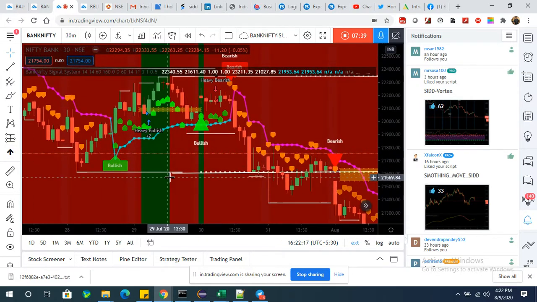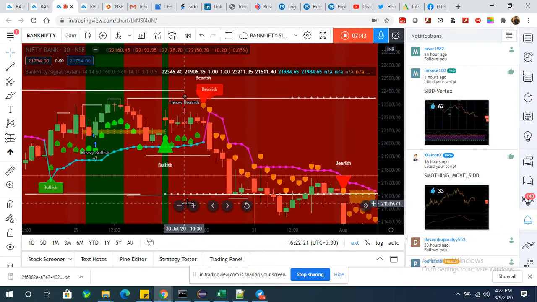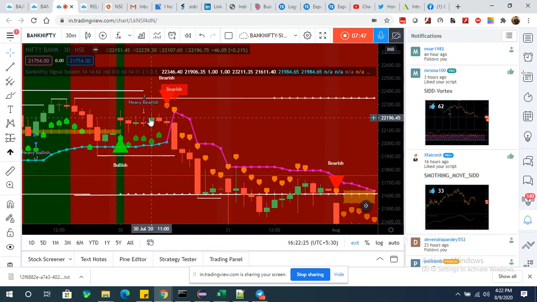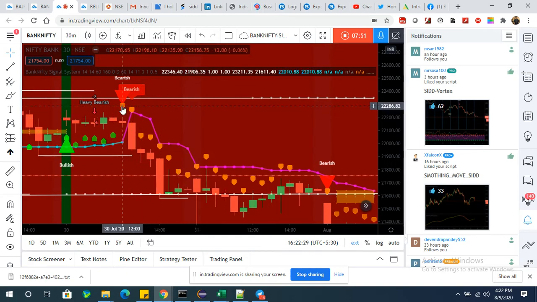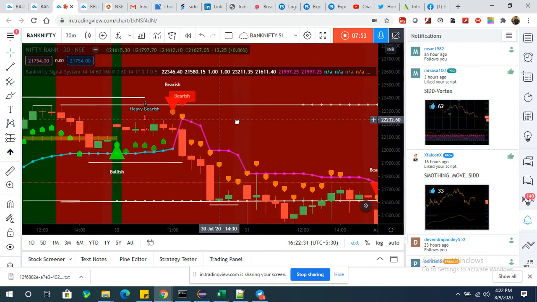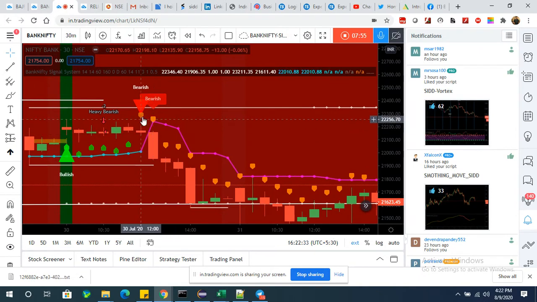And another confirmation I will tell you: if you are saying that heavy bullish is there, heavy bearish is there, then see that this kind of follow-through arrow mark should be upside of the candles, and it should show the direction towards the downside.